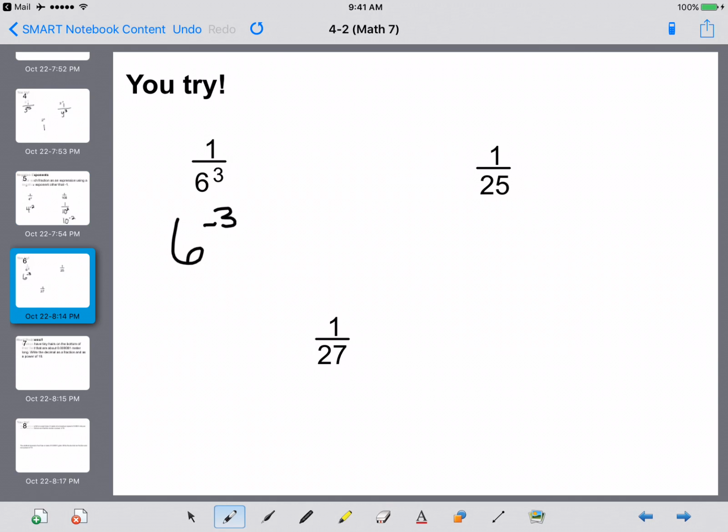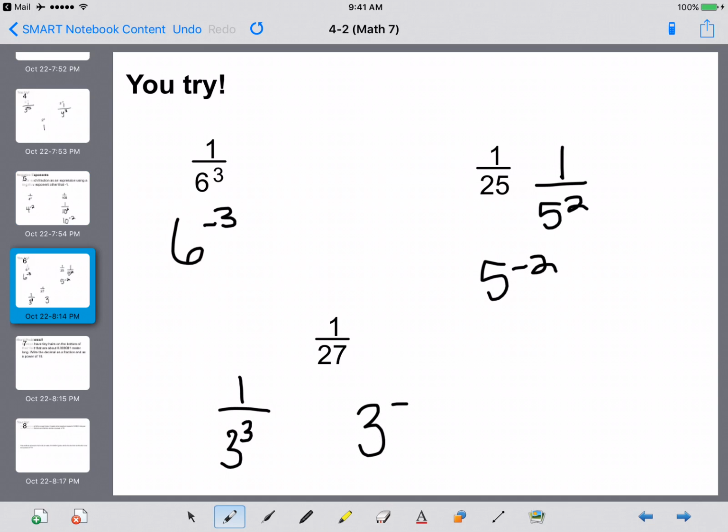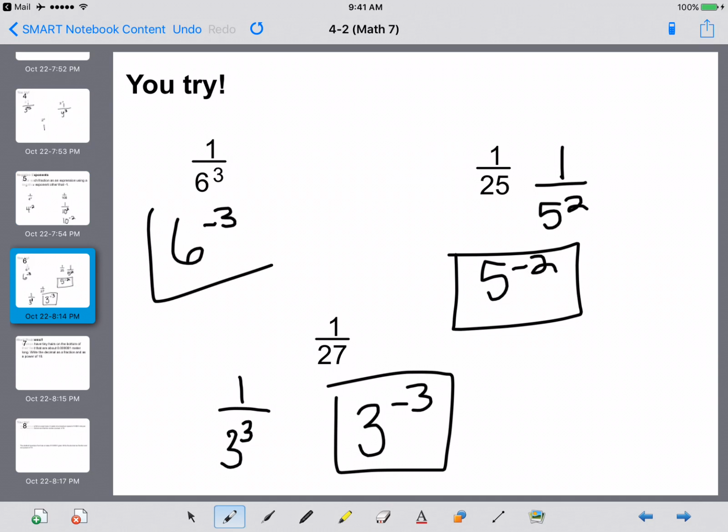Let's turn 25 into 1/5 squared. Turn our 1/, into a negative exponent, so we have 5 to the negative 2. And then 27, that's the same thing as 1/3 cubed. Turn our 1/, into a negative exponent, 3 to the negative 3rd.